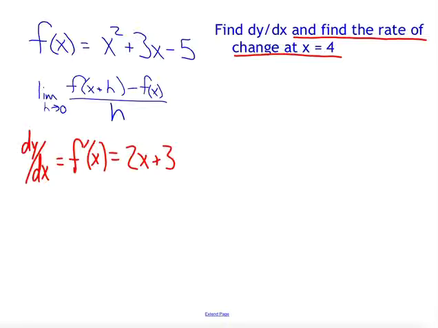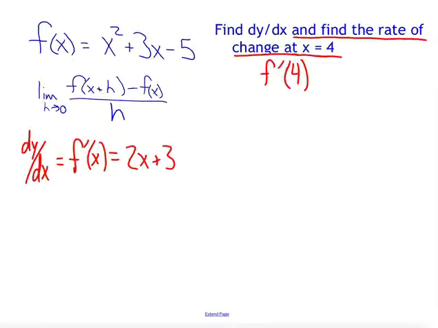That's what we found as our answer yesterday. So if I want the rate of change at x equals 4, one way of expressing this would be saying we want to find f prime of 4.